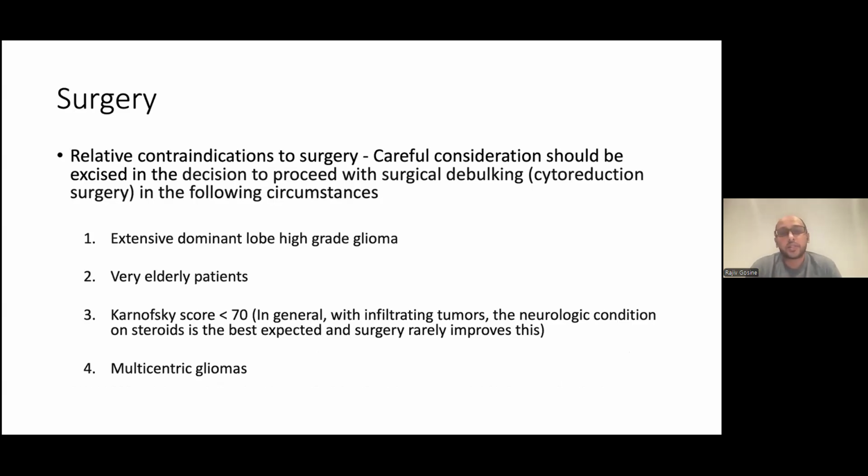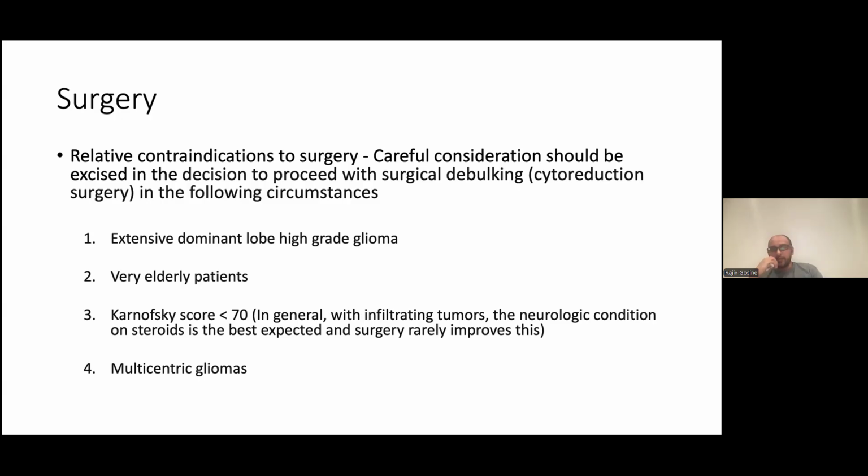Relative contraindications to surgery. Careful consideration should be exercised in the decision to proceed with surgical biopsy or cytoreduction surgery in certain circumstances. There is no absolute contraindication. But with a high-grade glioma, GBM, we really don't want to go in with the intention to do extensive surgery in someone who has an extensive dominant lobe high-grade glioma, a very elderly patient, someone whose Karnofsky score is less than 70.